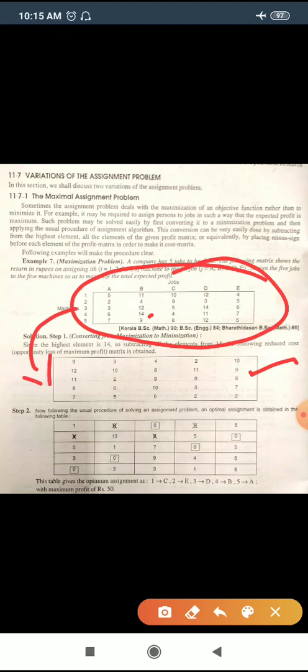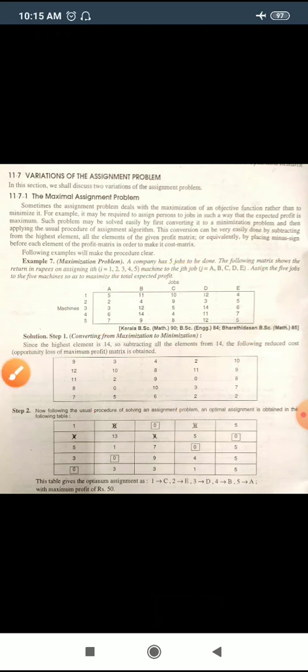So 14 minus 5 is 9, 14 minus 2 is 12. Using this method, we convert all the cell values. Now using the Hungarian assignment method and steps 1, 2, 3, 4, 5, 6 and 7, solve this assignment problem.